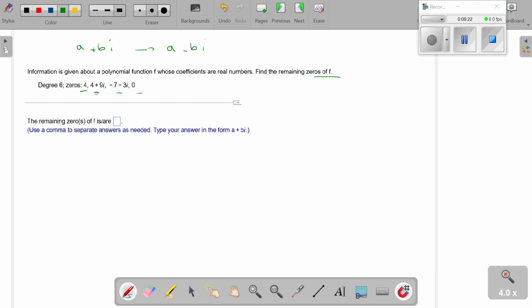So if I have 4 plus 9i as a zero of the function, then 4 minus 9i is also a zero of the function. And this one, negative 7 plus 3i, will have negative 7 minus 3i as the other zero of the function. And that's it. The zeros of the function are 6 now, and these are the remaining ones.